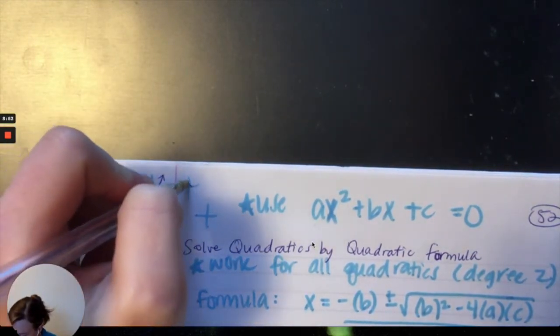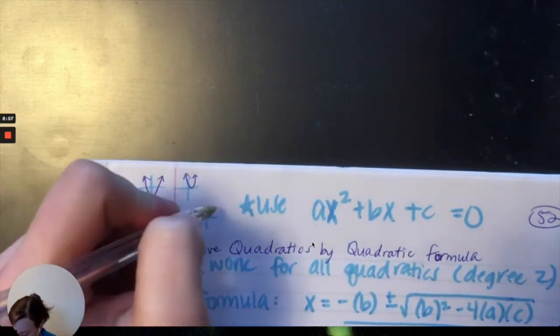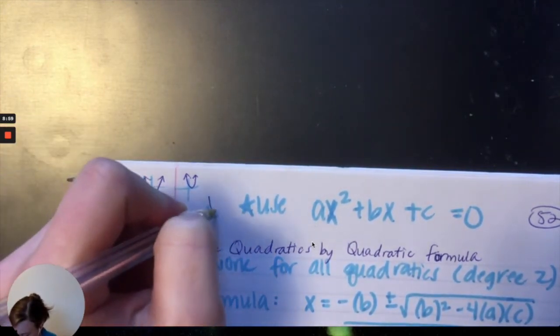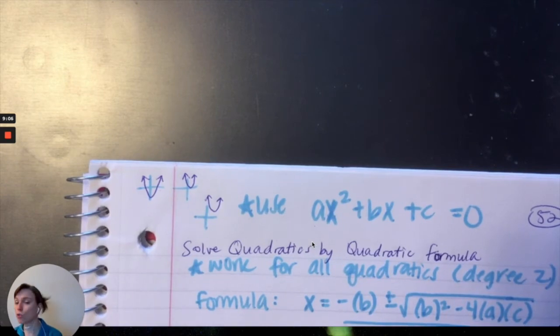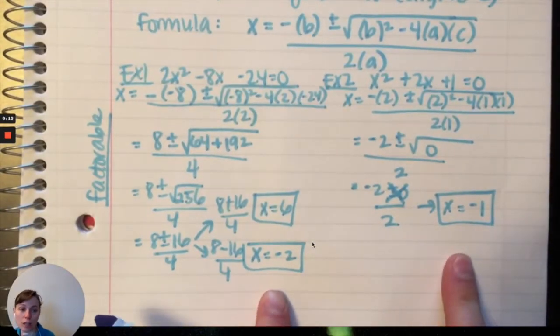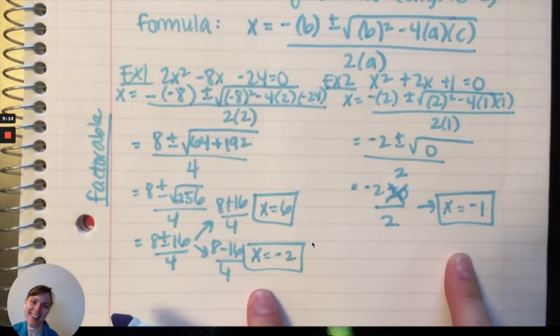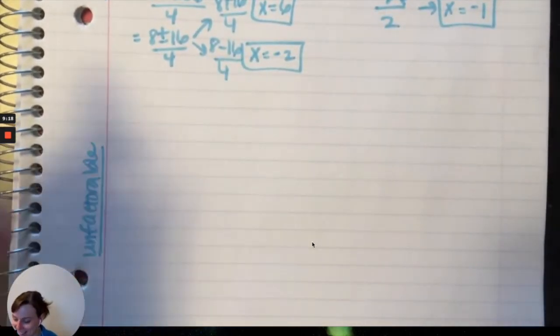Or it could cross the x-axis at one place, which is like example 2. But then I don't think we have an example like this. What if we moved that graph up so high it just never crosses the x-axis, and now there aren't any x-intercepts? So you could get 0, 1, or 2. Those are the only options of solutions. Also notice for factorable ones, they're nice numbers. So the ugly numbers come when they're unfactorable.